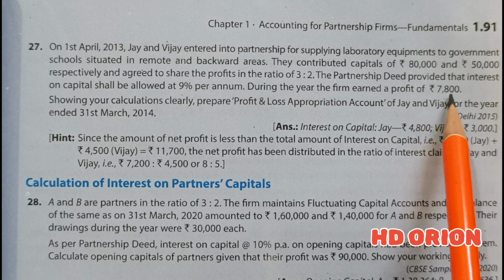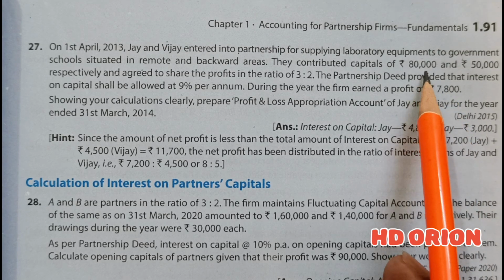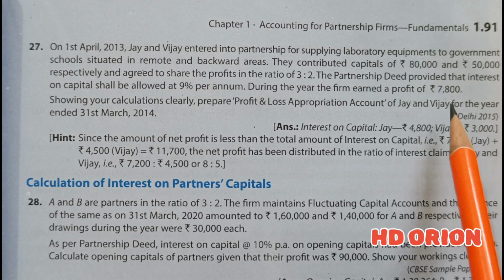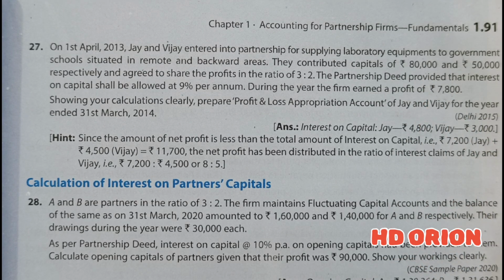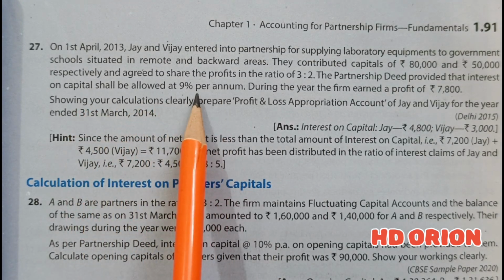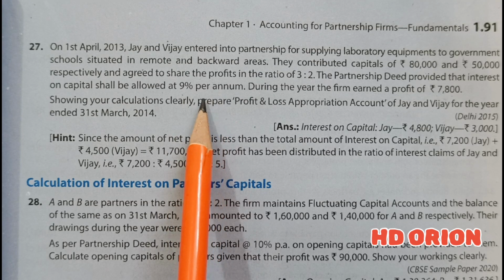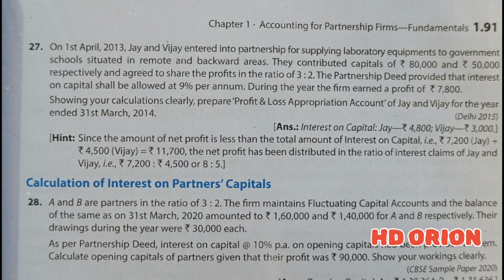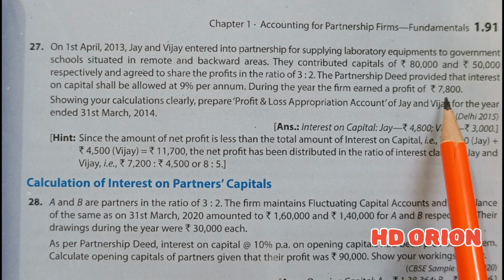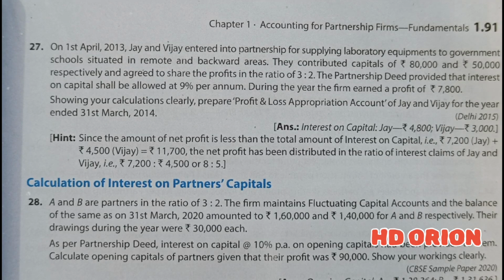So when the profit is less and appropriation of profit in the form of interest on capital is more, what we have to do in that case? It is not a charge. You see, interest on capital is just mentioned 9% per annum. It is not mentioned here in the question that it is a charge. So we cannot give interest on capital more than profit earned by the firm. So let us see the solution.